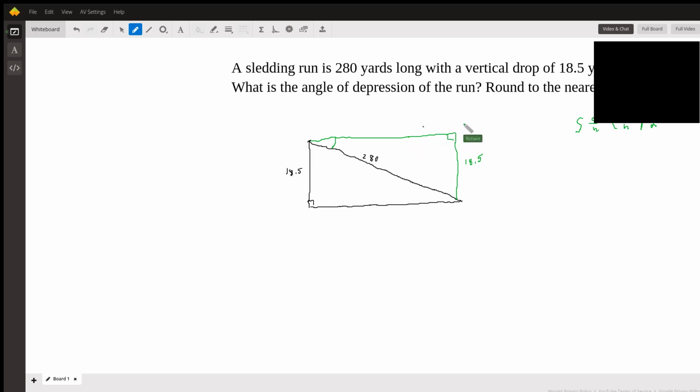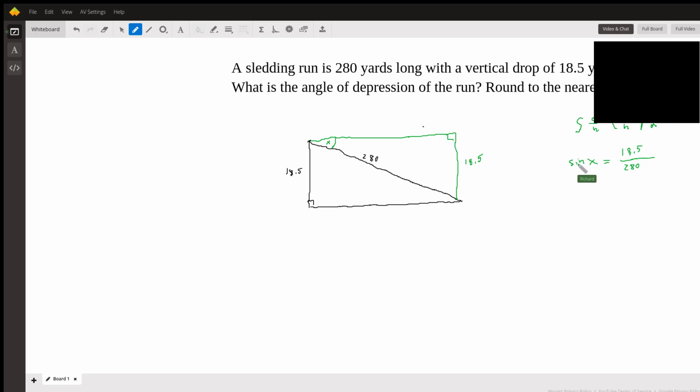And what we've got here is an opposite over hypotenuse. So let's call this x here. And so we're going to use sine because we have an opposite over hypotenuse. So the sine of x is 18.5 over 280.